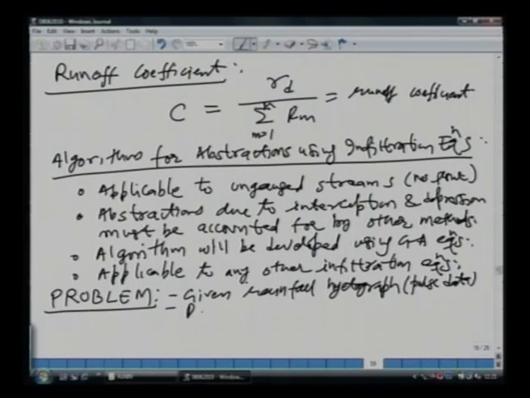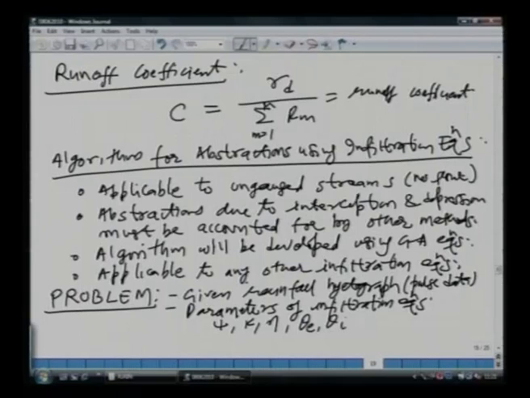Also given are the parameters of your infiltration equation, which is the Green-Ampt equation in this case. And what are those parameters? Well, it is the suction head, hydraulic conductivity, porosity of the soil, effective porosity, which is actually the same thing, and theta i in terms of Se. So, we need to know all these parameters. These are the things that are given.